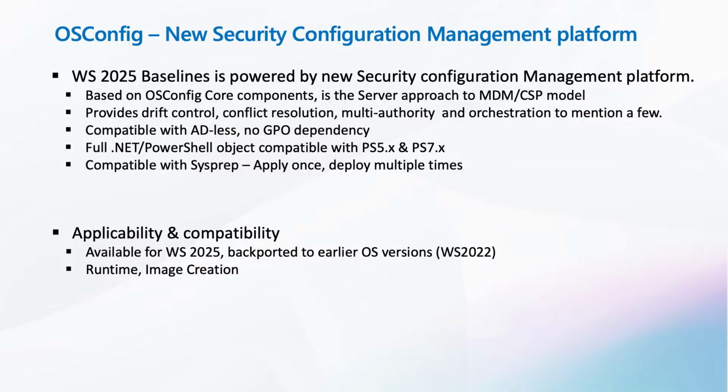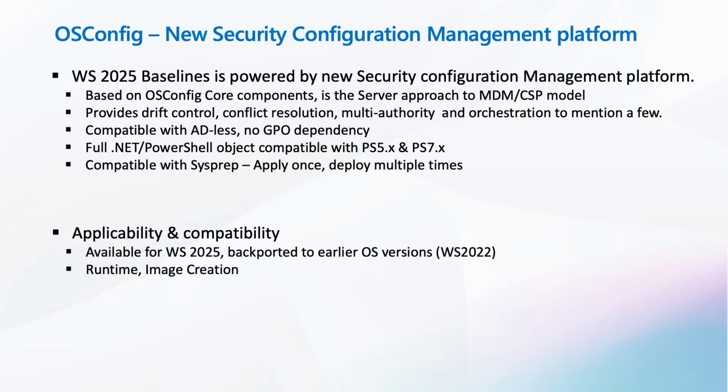So I wanted to touch base a little bit about OS Config, which is the new configuration platform we are bringing in Windows Server 2025. It is a stack of base cmdlets, native APIs, and scenario definitions, which define the desired state of a machine, and it is document based.